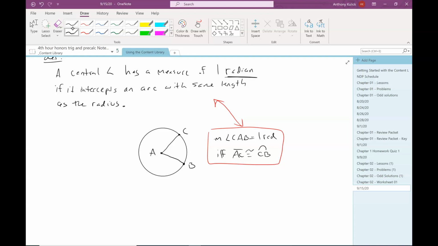It's just symbolic. It says the measure of angle CAB is equal to 1 radian if and only if the segment AC is congruent to the arc length CB. So again, it's the same thing as the definition, just in geometry-ese.